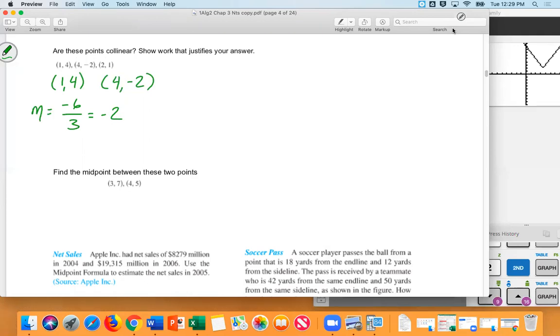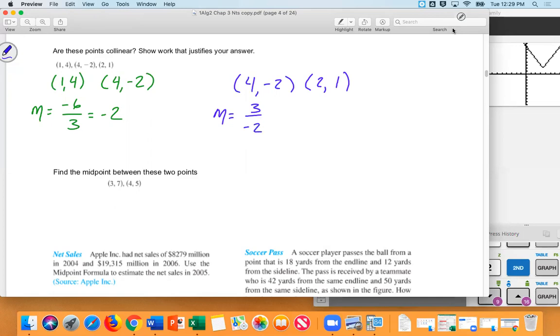Agreed? Okay, got that? Now, I need to take two other points. So I'm going to use this middle point. It's kind of like the bridge between the two sides. Okay, and 2, 1. Let me find the slope between these points. So 1 minus -2, that's going to be 3. 2 minus 4 is -2.